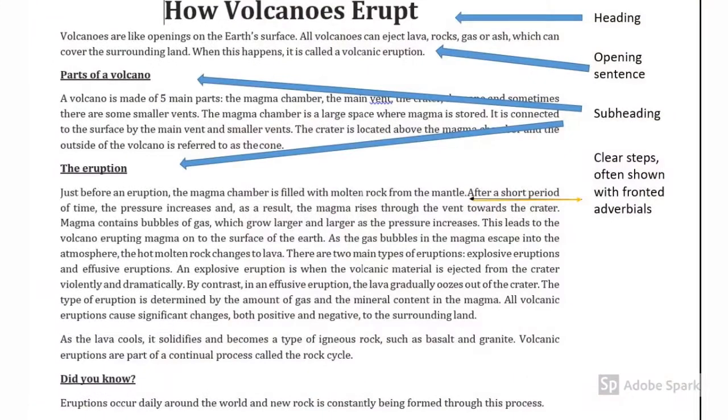In the next few slides, I will give you some examples of explanation texts, and in that will be some of the features that we've just gone through. They will be highlighted on the sides.